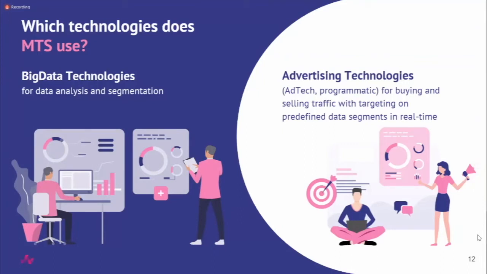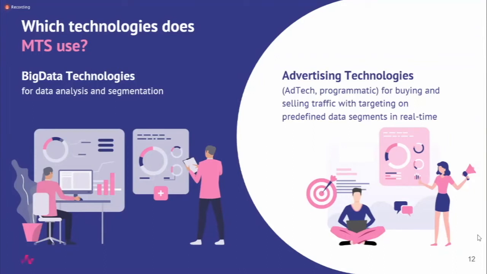These technologies can be developed from scratch by the mobile network operator, or they can use a ready-made platform solution which can be integrated inside their internal IT infrastructure to keep their data safe.